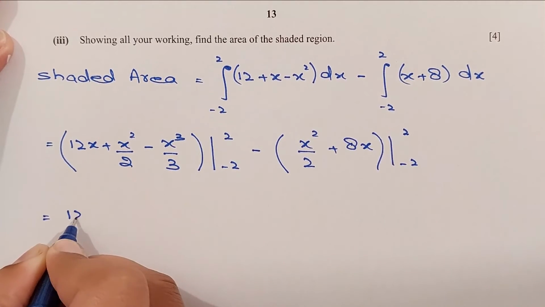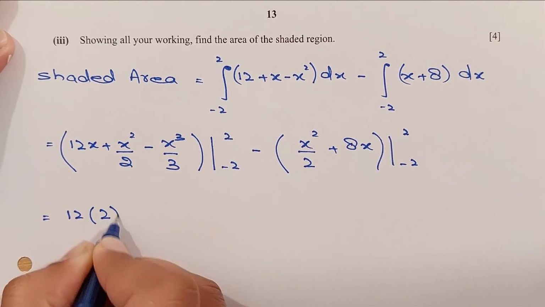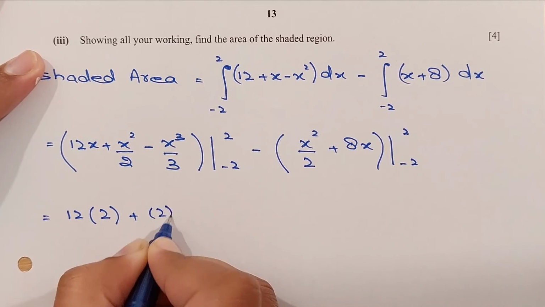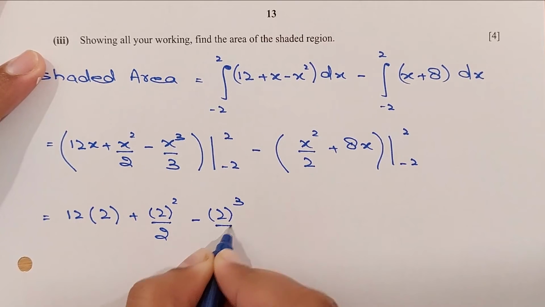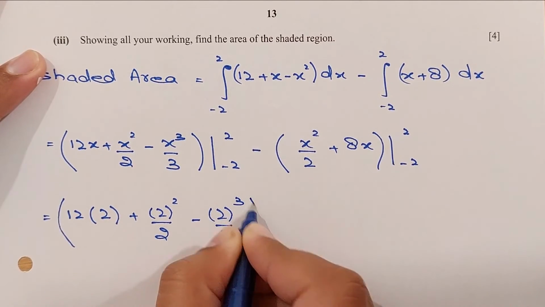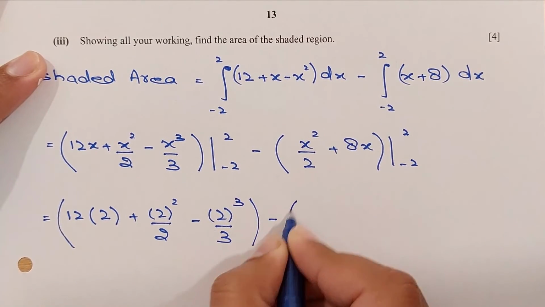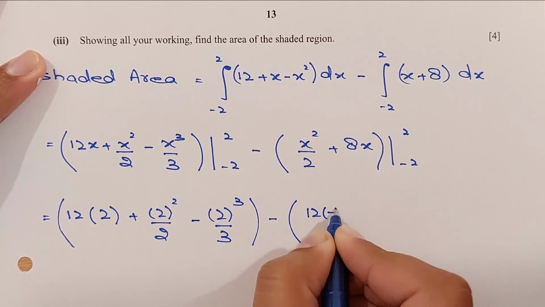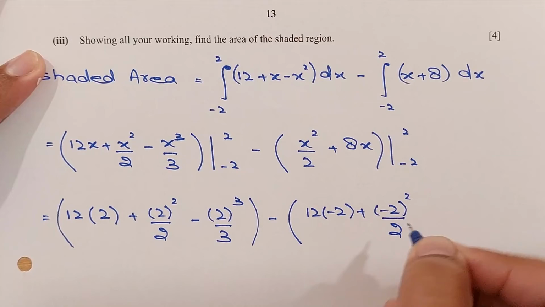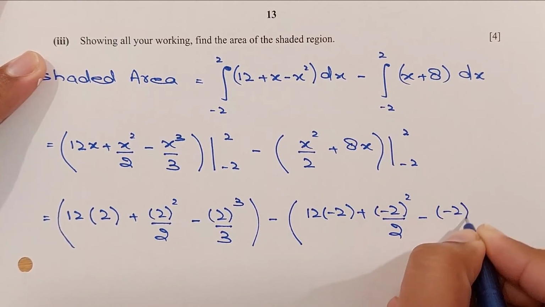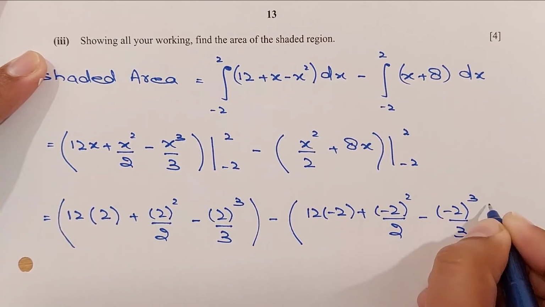Now the upper limit is 12 times 2 plus 2 square divided by 2 minus 2 cube divided by 3. Subtract the lower limit, -2: 12 times -2 plus -2 square divided by 2 minus -2 cube divided by 3.